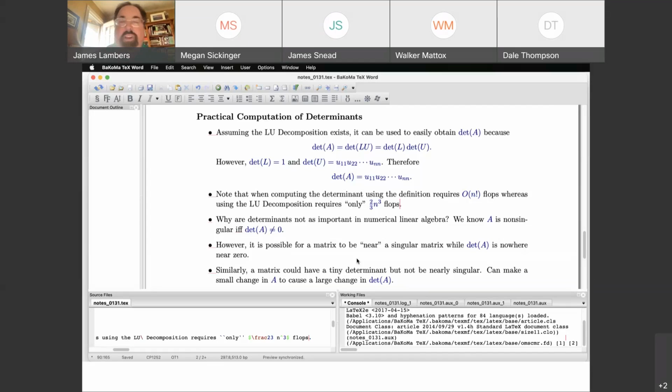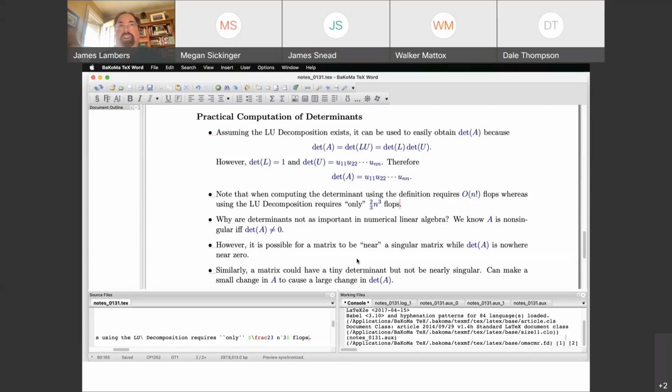If you're familiar with the concept of a norm from other courses, and we will deal with norms later, a norm is a measure of magnitude. For example, the Euclidean norm of a vector that you're accustomed to, the square root of the sum of squares of its components, is an example of a norm. The determinant is in no sense, even if you take the absolute value of it, a norm.